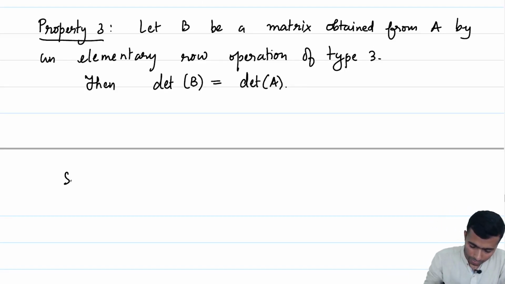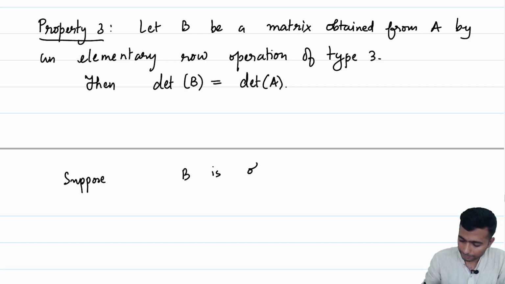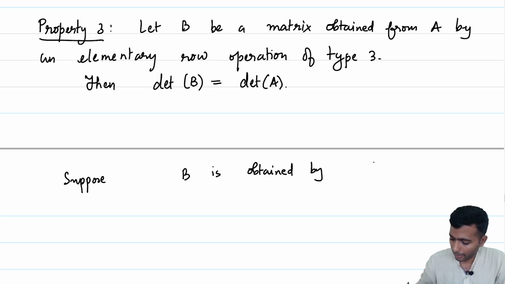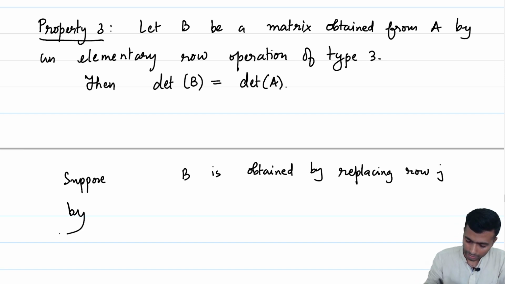So, suppose B is obtained by replacing row j by C times row i plus row j.